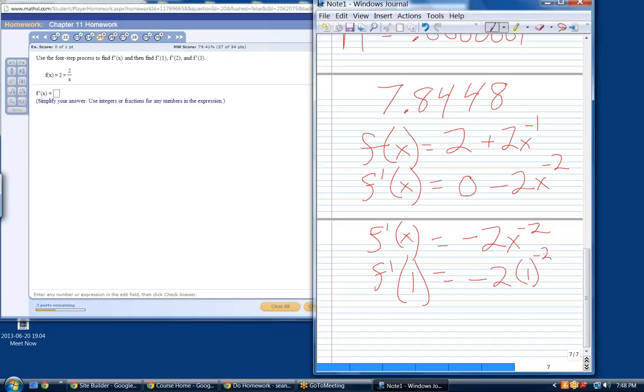What is 1 to any power? It's 1, because 1 to the negative 2 is 1 over 1 squared. It's always the reciprocal of the positive exponent. So this whole thing is 1, and the answer is just negative 2.